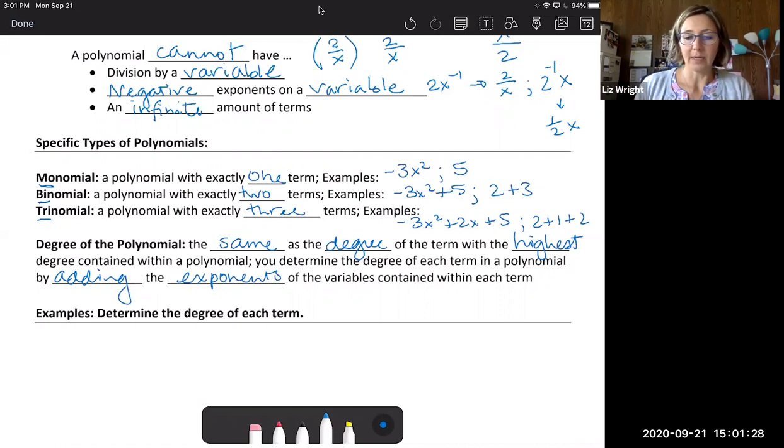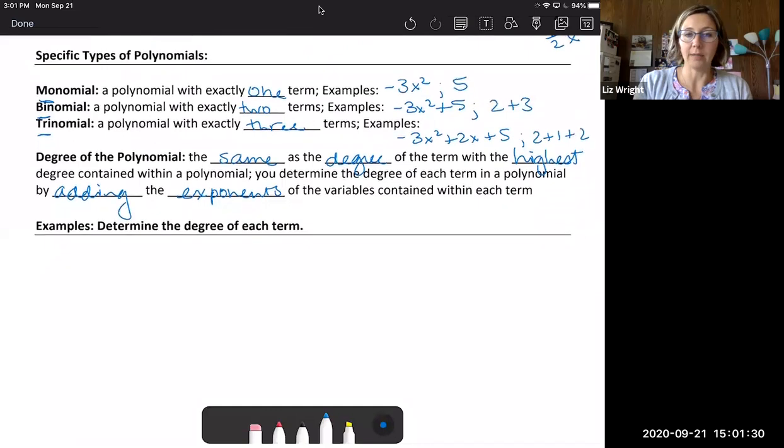It's kind of a weird rule, and honestly, why this is useful you wouldn't really see until calculus class. Here we're just identifying the degree of the polynomial. For example, if I give you a term like negative 1/2 x to the third y squared.